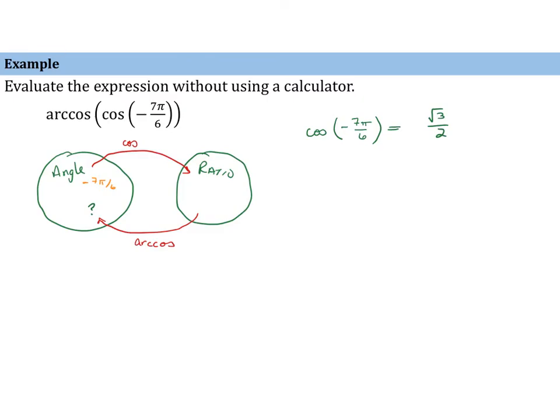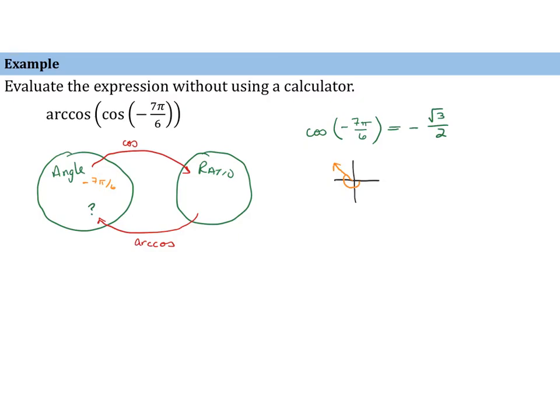What quadrant? So, let's quickly do that. 7/6 is 1 and 1/6. So, this will be measured in the clockwise direction because the angle is negative. So I have 1 and 1/6. So 1 and 1/6 pi would be in the second quadrant. Cosine is negative there. So the output of cosine will be negative root 3 over 2.